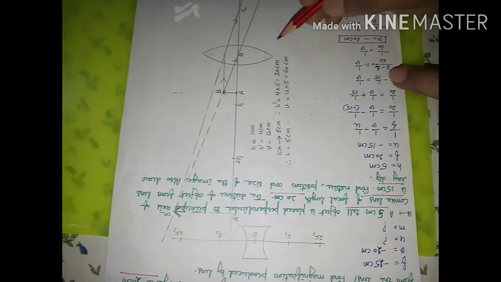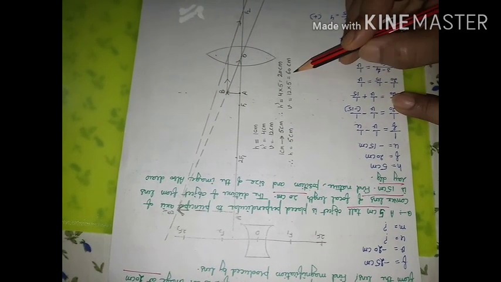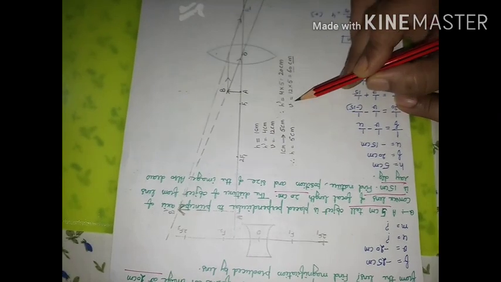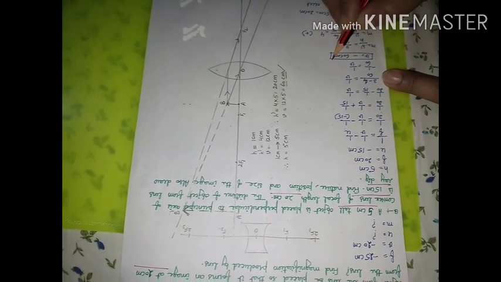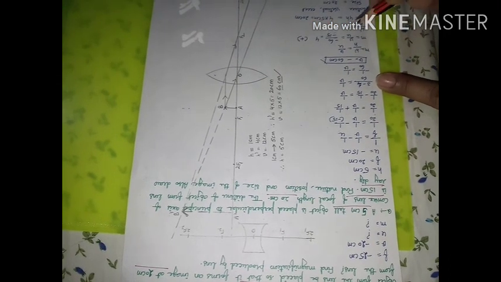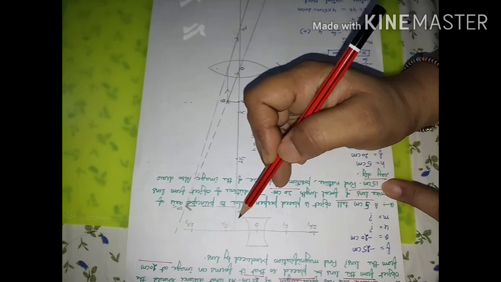For us 1 centimeter was 5 centimeter, so 12 centimeter will be equal to 60 centimeter. So the image will be formed at a distance of 60 centimeter. This 60 and this 60 are both the same. The image is above the principal axis, virtual and erect.